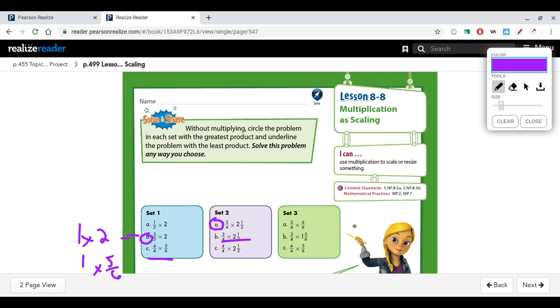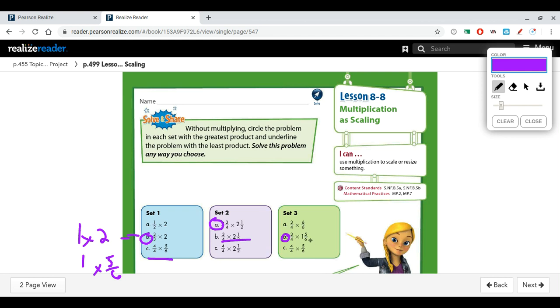Okay, let's take a look at set C. What we have is 3/4 times 6/6, 3/4 times 1 5/6, and 4/4 times 5/6. Looking for the product that's going to be the greatest, it's going to be B, because 1 5/6 is greater than 6/6 and 4/4.